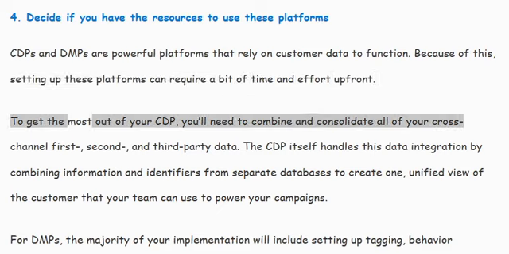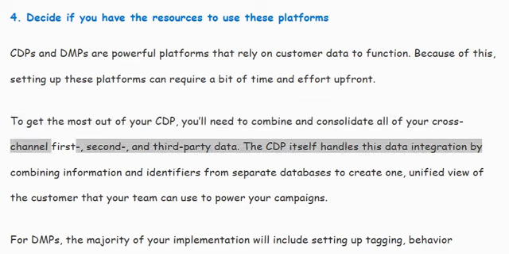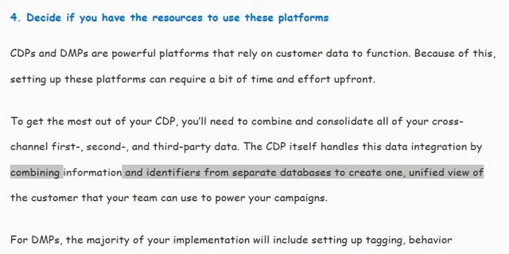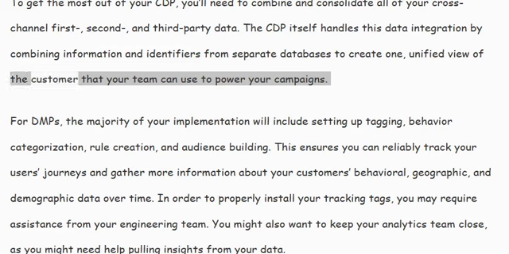To get the most out of your CDP, you'll need to combine and consolidate all of your cross-channel first, second, and third-party data. The CDP itself handles this data integration by combining information and identifiers from separate databases to create one unified view of the customer that your team can use to power your campaigns.